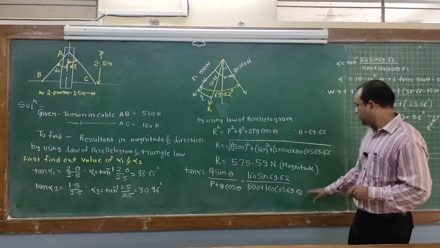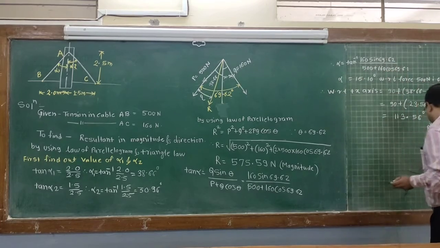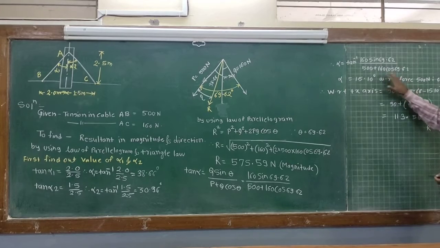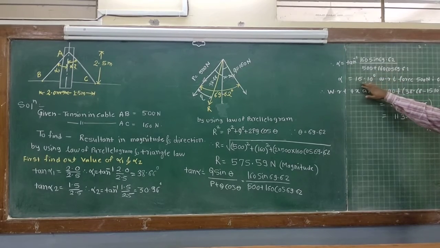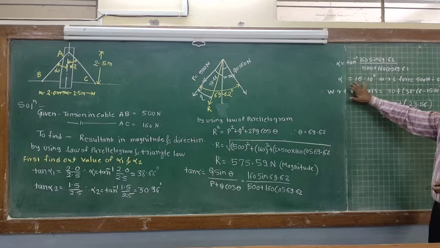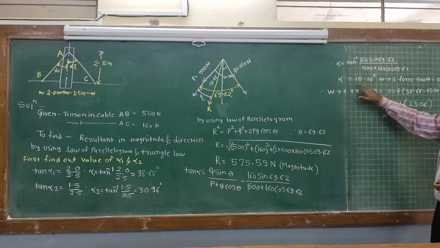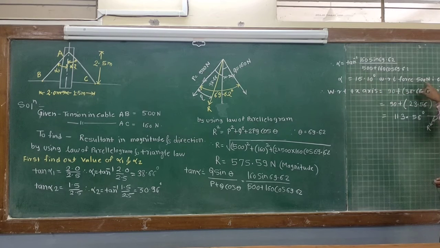After solving this, you will get the value of alpha, that is 15.10 degrees with respect to P, which is the 500 Newton force.